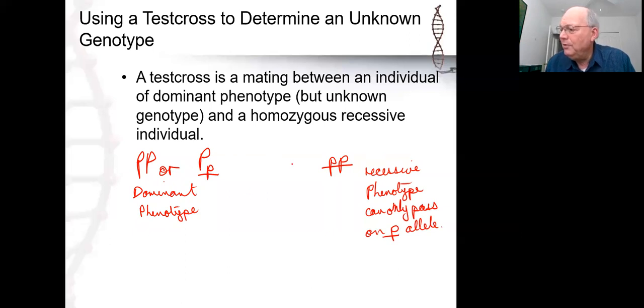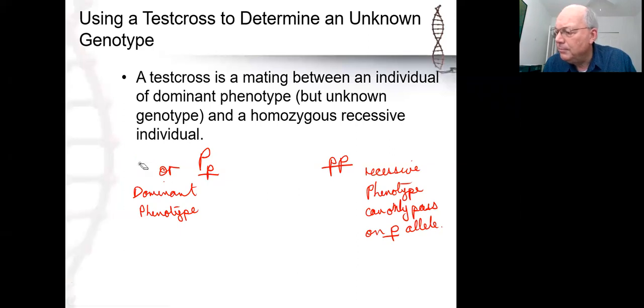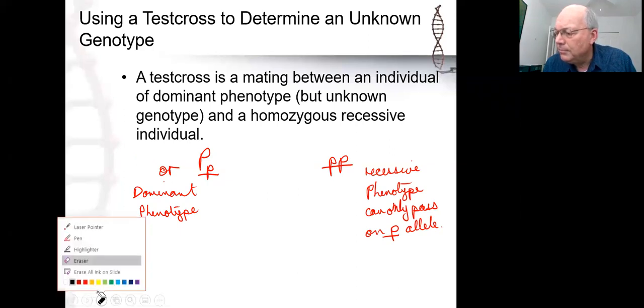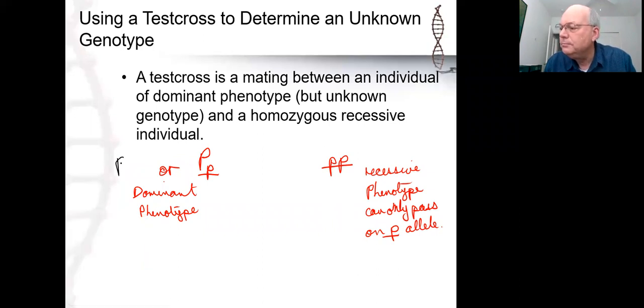So if the individual is homozygous, actually what I'm going to do is this. Excuse me. So we'll do it this way.